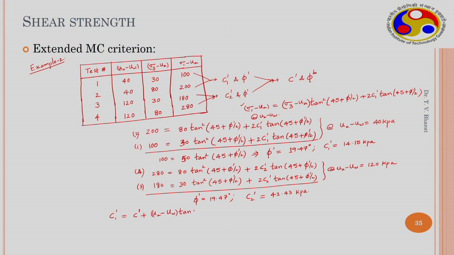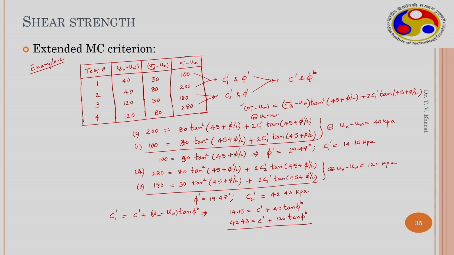So, from the expression that C1 dash is equal to C dash plus (UA minus UW) times tan phi b, using this expression you can substitute C1 dash, that is 14.15 is equal to C dash plus UA minus UW, which is 40, tan phi b. And in the second expression, C2 dash, 42.43, is equal to C dash plus 120 tan phi b.